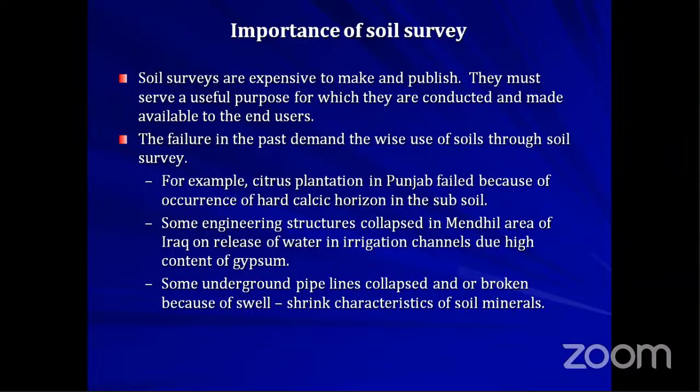Due to expanding and contracting with temperature or moisture variations, the pipelines will collapse. Sometimes there will be breakage. So if we don't go for a proper survey, we can face all these problems, and we have to choose proper soils for proper use. That proper use information will be provided by the soil survey.